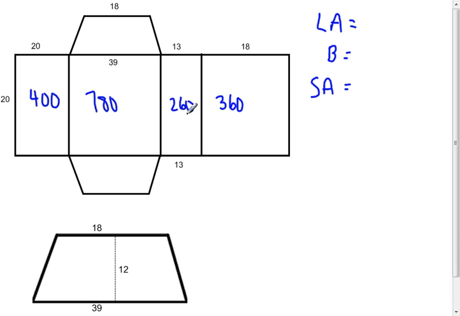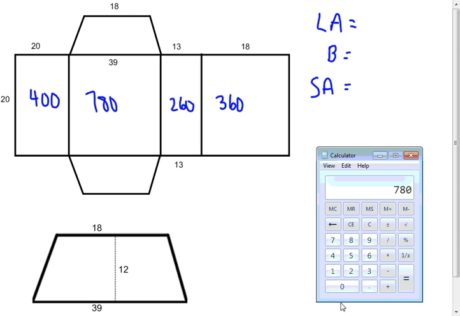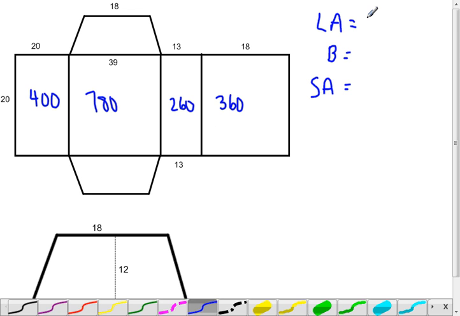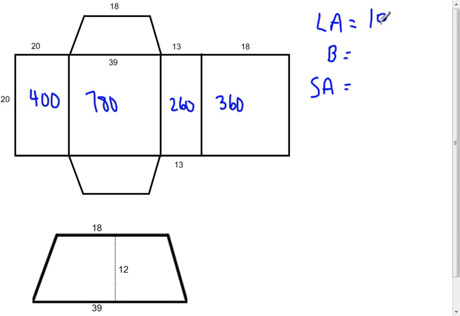All right, so we add these four numbers up. 780 plus 400 plus 260 plus 360. That gives us a total of 1,800, and that's going to be our lateral area. There we go. 1,800 meters squared. The units on this was meters.